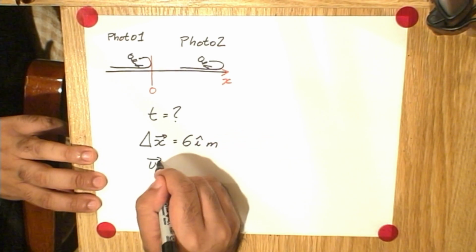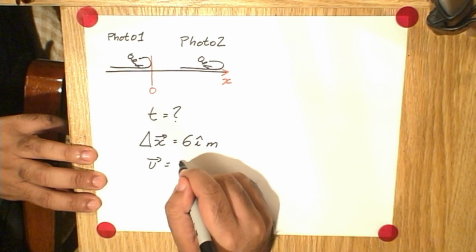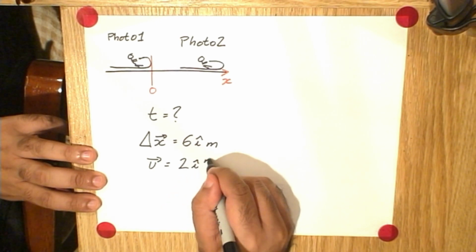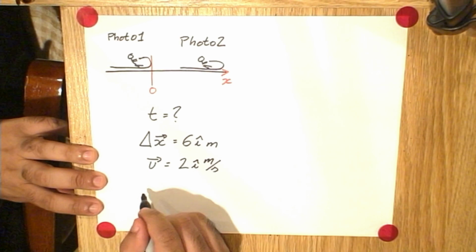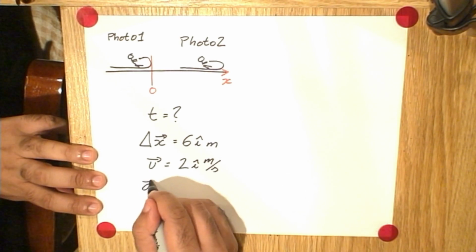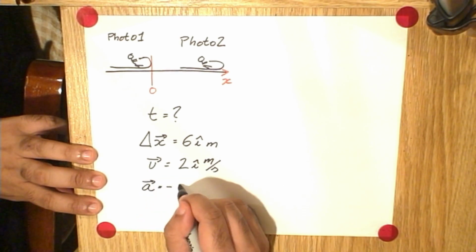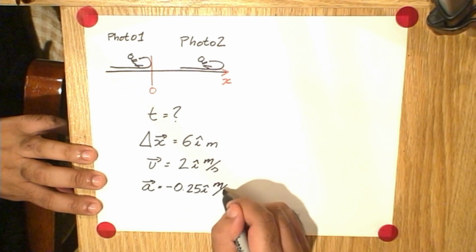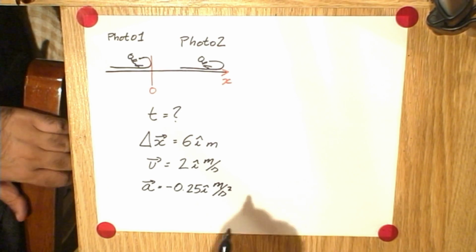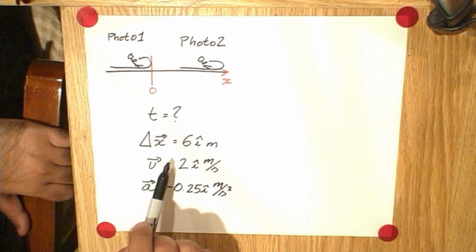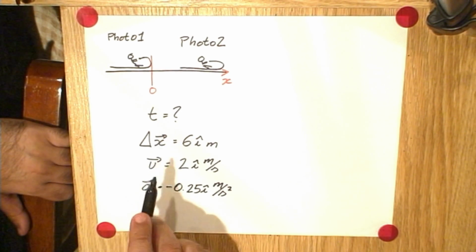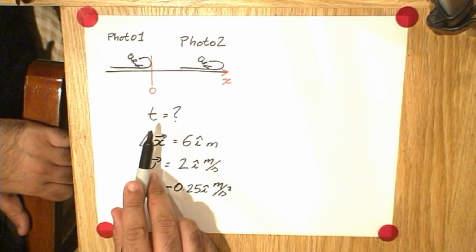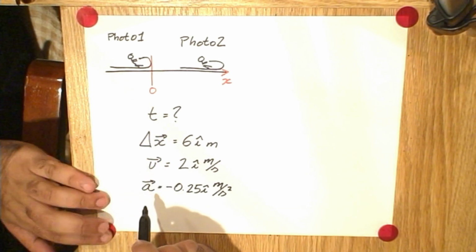The initial velocity of the child is 2 meters per second, again in I hat, and the acceleration is negative 0.25 I hat meters per second squared. So using this information, displacement, velocity, acceleration, we need to find the time. Let's go ahead and do this.